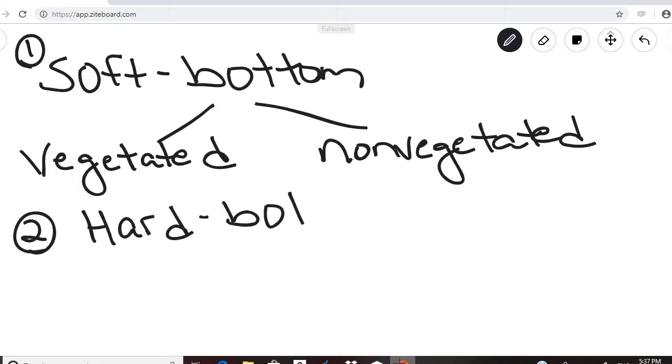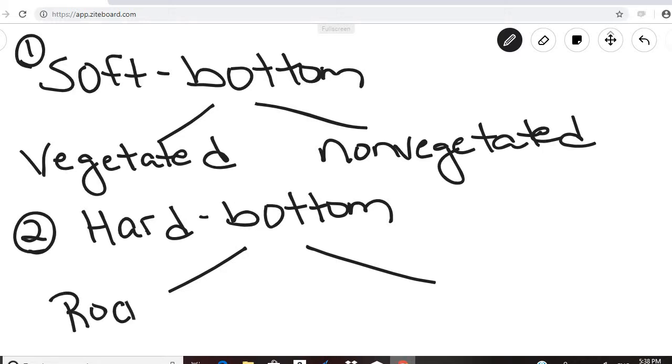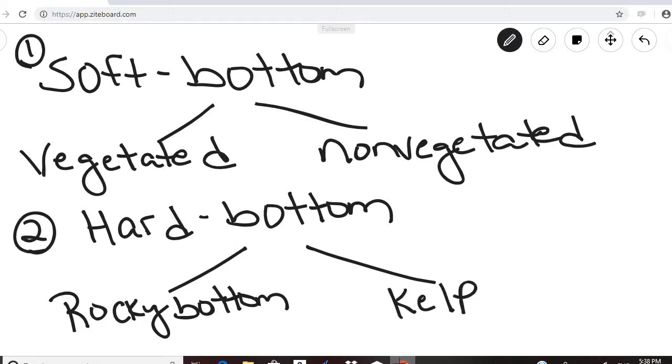Under the hard bottom, we will be discussing rocky bottoms, and then we will be discussing kelp.